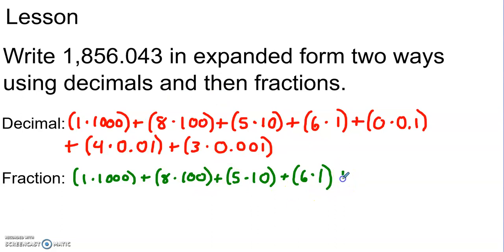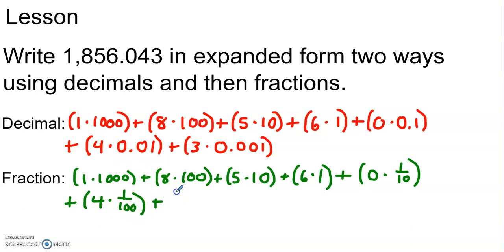But now that we turn around and have our fractions, let's do this. The next digit is the 0, but instead of writing 0.1, I am multiplying it by 1/10. Okay? Again, I'm going to start on a new line, so I'm going to add my plus here, not over here, because I want them to know it's the same line. The next digit is a 4, and instead of writing it as 0.01, I'm writing it as 1/100.